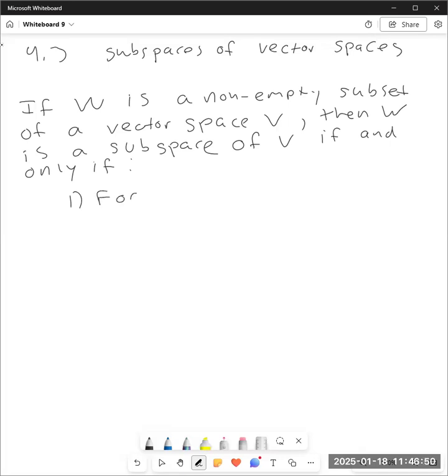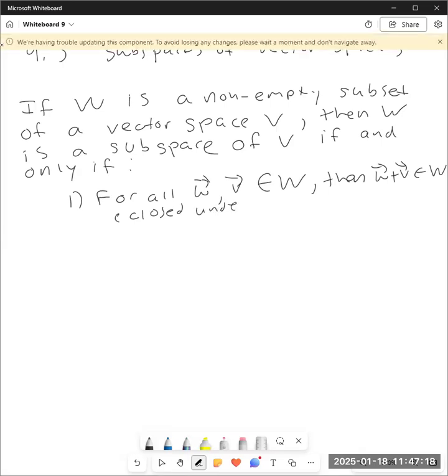One, for all U, V that are elements of capital W, then U plus V is an element of W. So closed under vector addition.